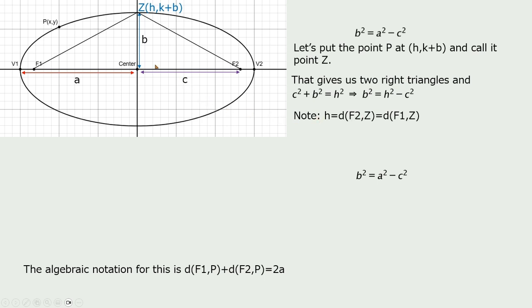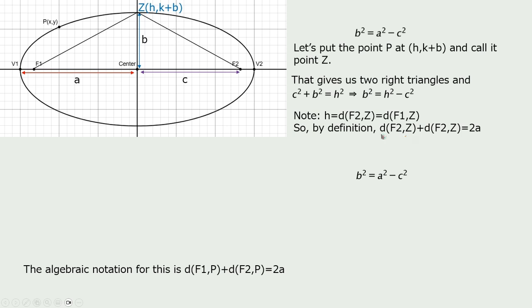Well, if you go from F2 to Z and then F1 to Z, they're obviously equal because we have two equal right triangles. So by definition, F1 to P plus F2 to P equals 2a, but these two are equal, so I can substitute in F2 to Z. F2 to Z equals 2a.